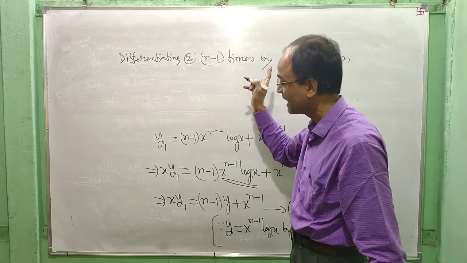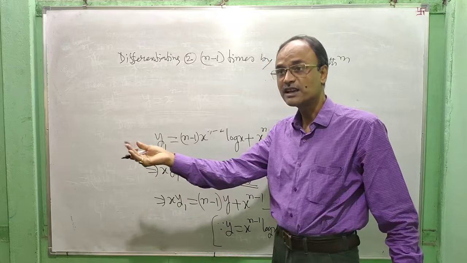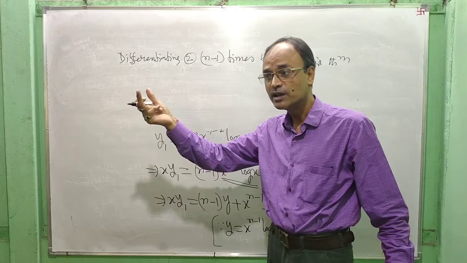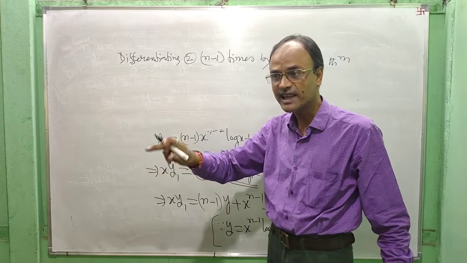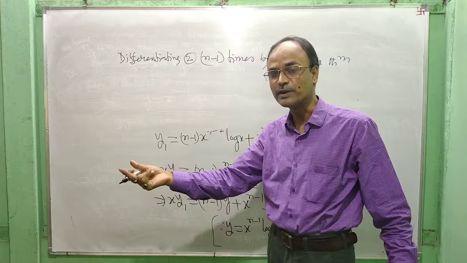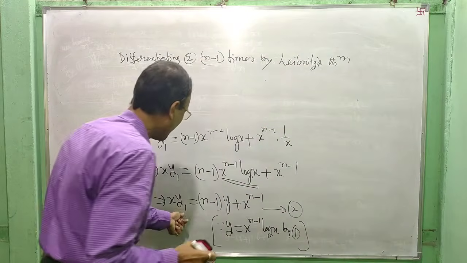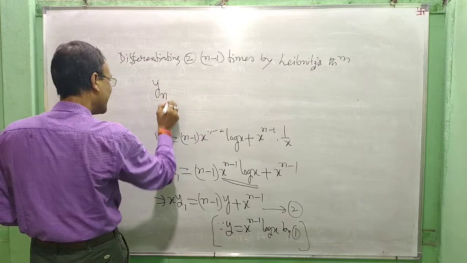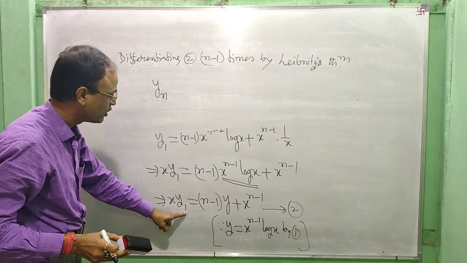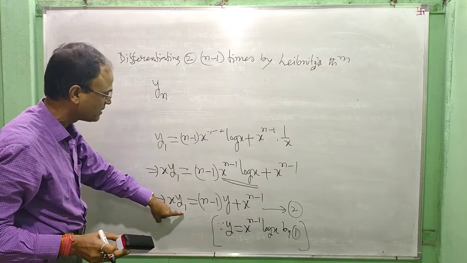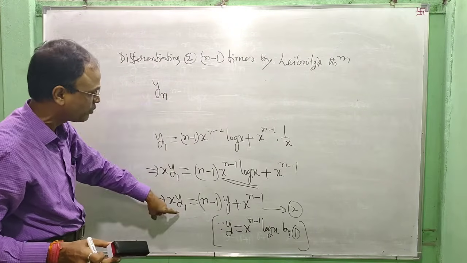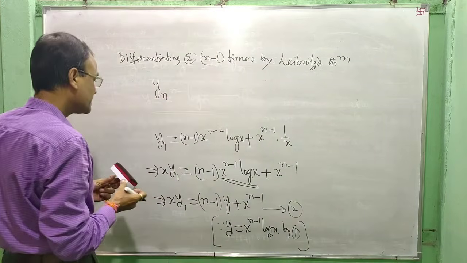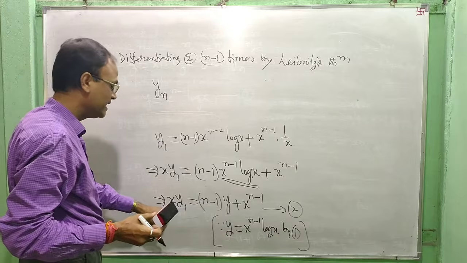If you differentiate n minus 1 times, just remember the formula, uv nth is equal to u n v plus nc1 u n minus 1 v1. Originally it was y1. Therefore, if you differentiate y1 n minus 1 times, you will definitely get yn. Here v is x.